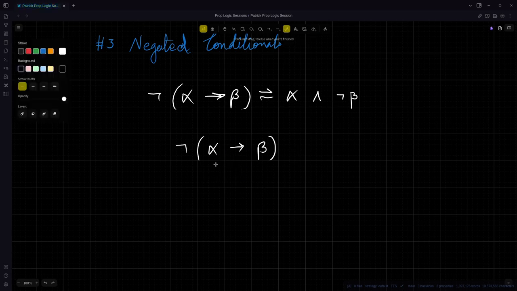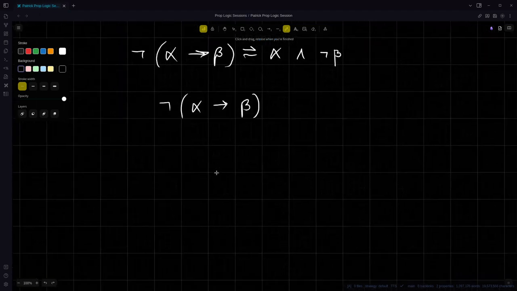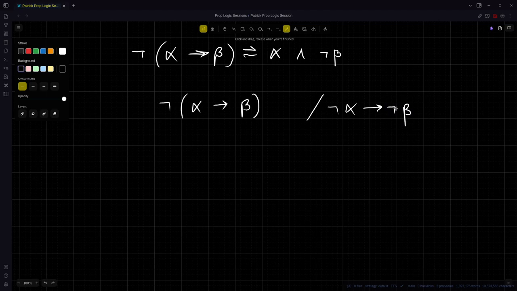So let's say you want to see if this is a valid conclusion. How would you go about doing this proof? Well, we could do an indirect proof, or we could just draw out a truth table. I think a truth table would be easier. Yes, a truth table will be easier.